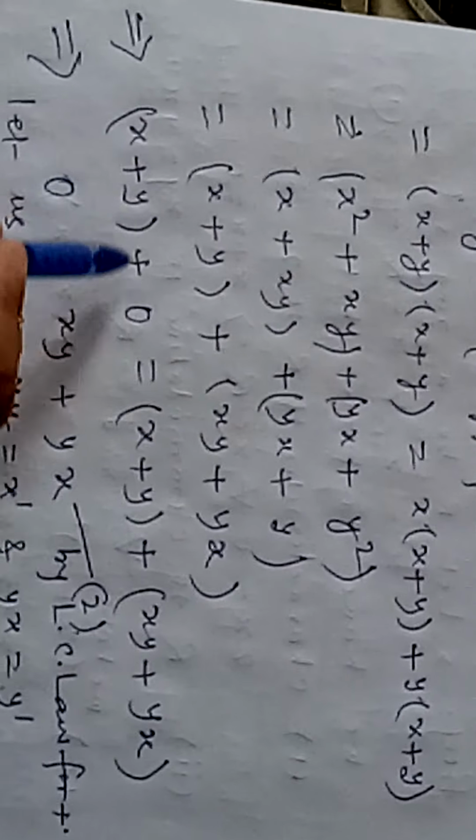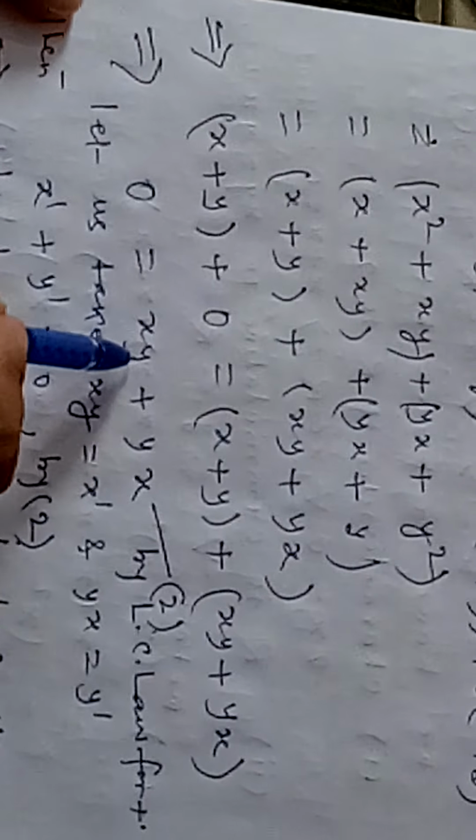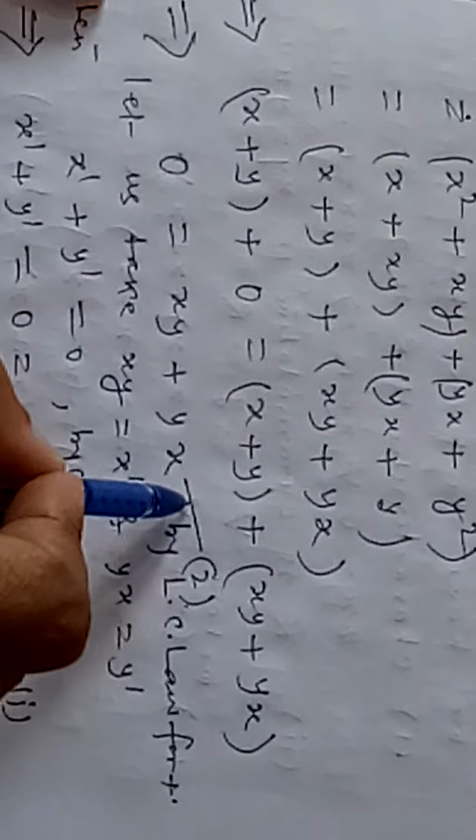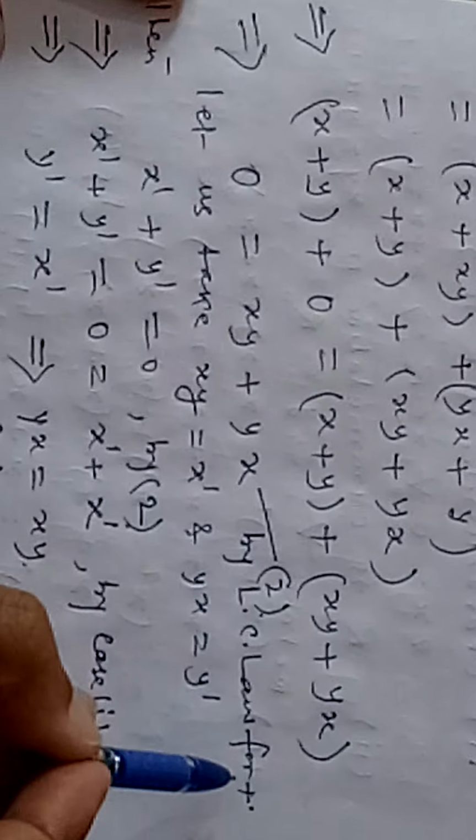This implies x plus y plus 0 is equal to x plus y plus xy plus yx. This implies 0 is equal to xy plus yx, and indicate this by equation 2, by the left cancellation law for addition.